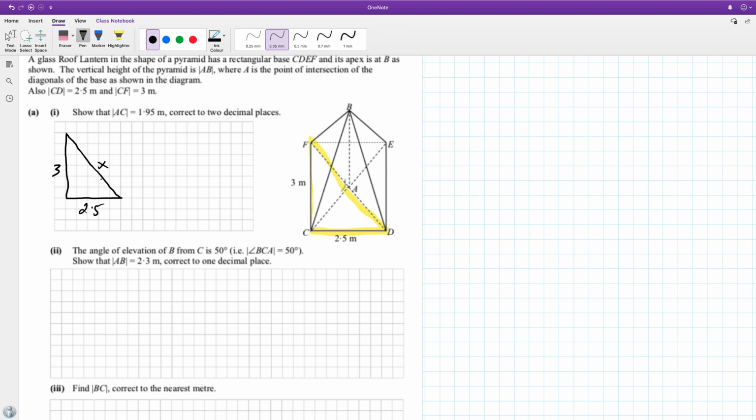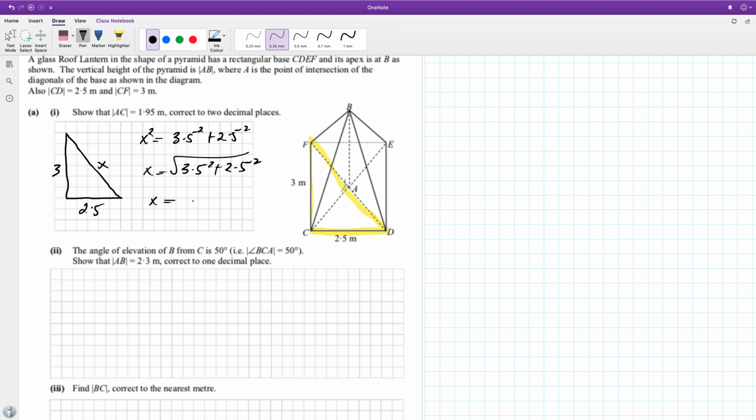Once we get x, we halve it. So x squared is equal to 3.5 squared plus 2.5 squared, and x is the square root of 3.5 squared plus 2.5 squared.